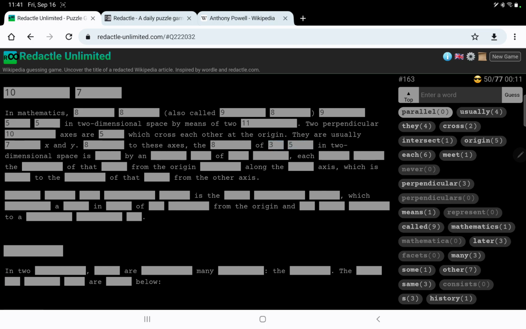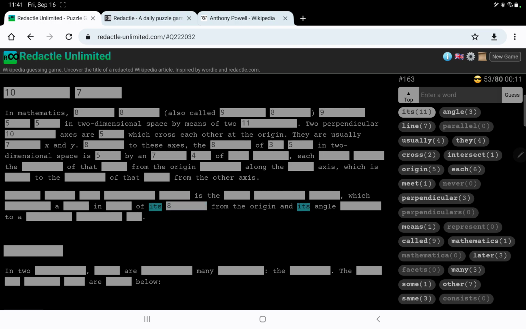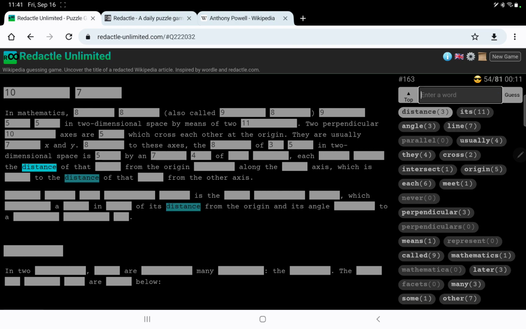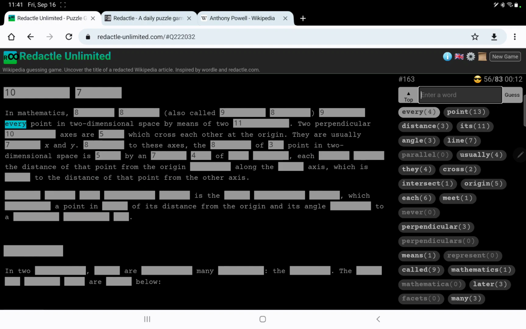The 8 of 3, 5 in two-dimensional space is 5 by, well, let's do line and angle. Its angle, okay. Its distance of that. Did I do point singular? No, I did not. Maybe every point. Yes.